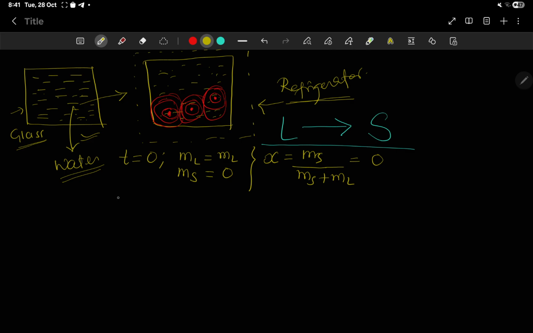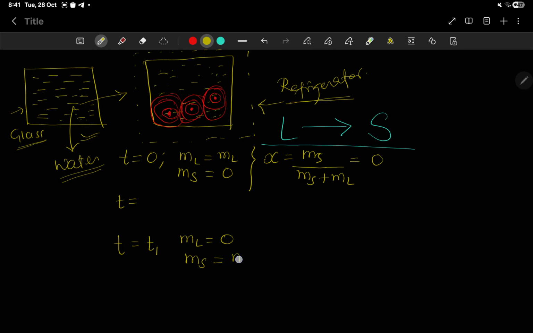Now at t equals to t1, here we will get mass of liquid as 0, and we will get complete mass of solid here. Okay, so let's try to write it here. What will be its value?